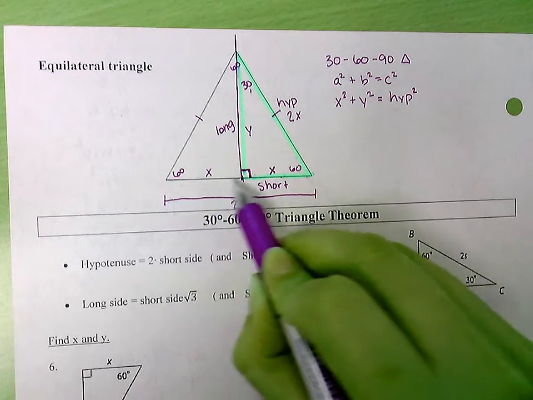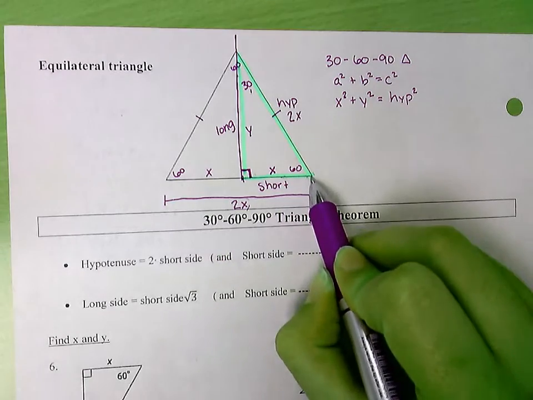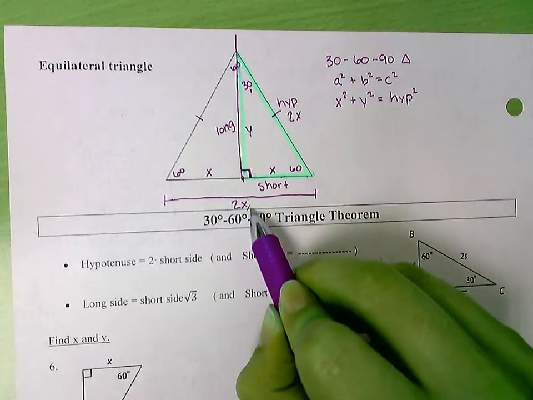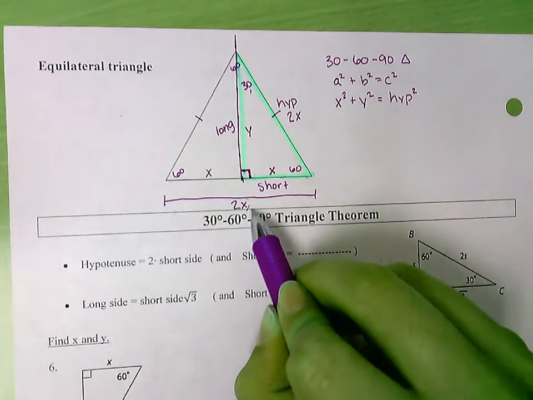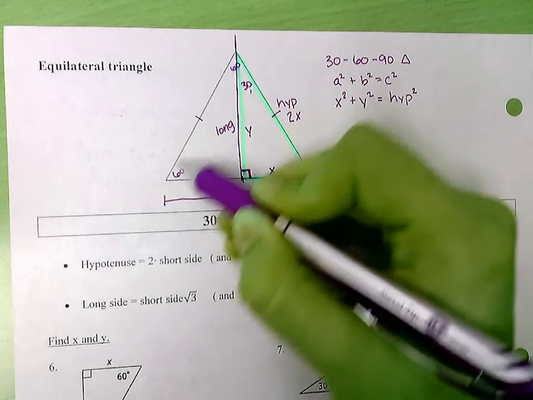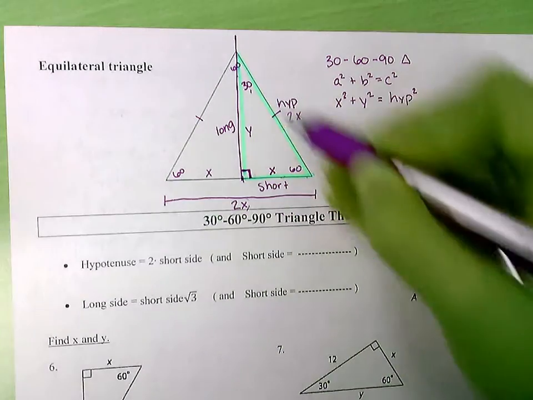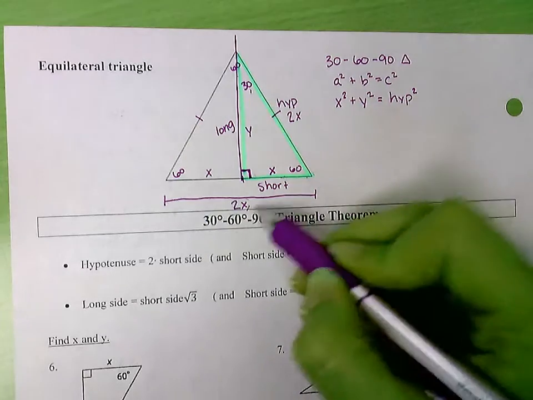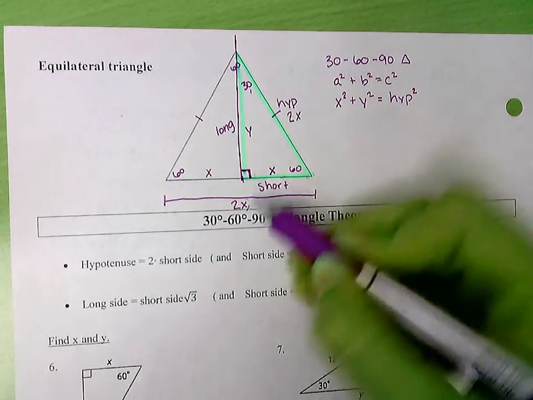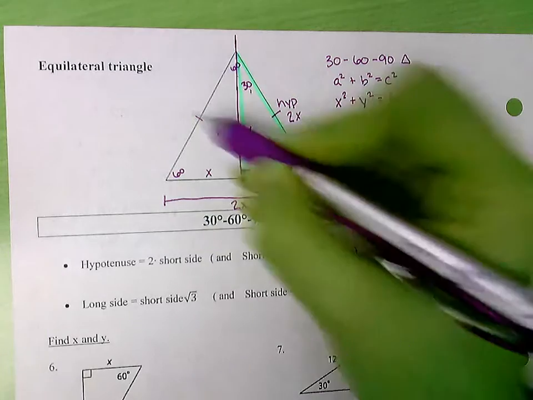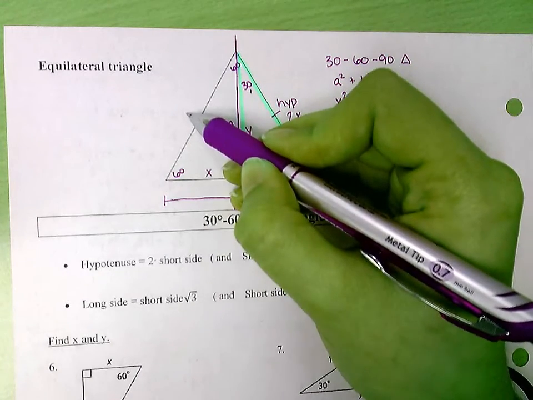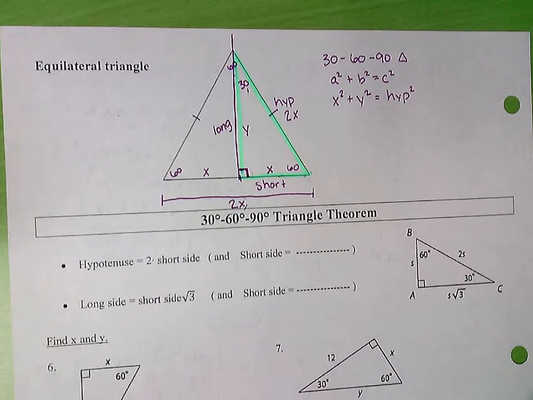To get this entire side, I added them together and I got 2x. Now in an equilateral triangle, all three of these sides are going to be the same. So since this is 2x, this would be 2x, and this side would also be 2x, right? Okay, so that's where I got that 2x from.